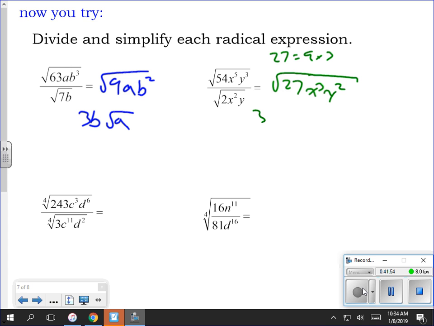Square root of 9, 3. Root 3. Square root of 27 is 3 root 3. Square root of x cubed. 3 divided by 2 is 1, remainder 1. I have x to the first outside, x to the first inside. And the square root of y squared is y. So I have 3xy square root 3x.